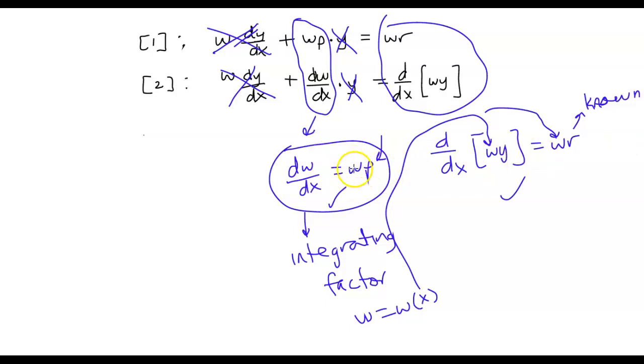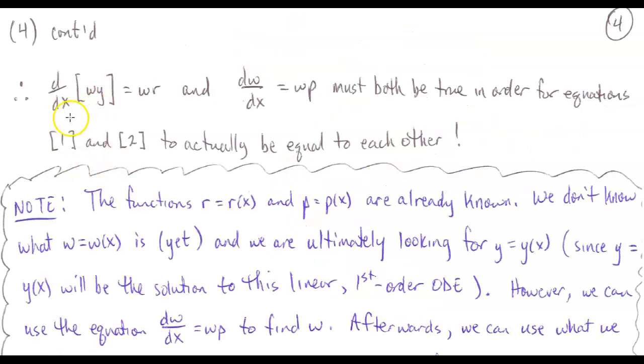And notice here that because I have an equation where, since I know what P is, I can actually find W with relative ease. So now you see why we have these two conditions that must be met, and they must both be true in order for equations 1 and 2 to actually be equal to each other, okay?